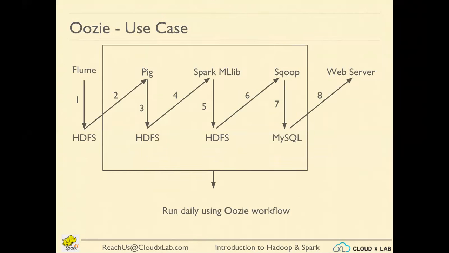HBase doesn't provide any compute engine as such. All it provides is get and set, or get and update. But it does provide a way to process data using MapReduce, so we can use that to process data on top of YARN. Very good question.